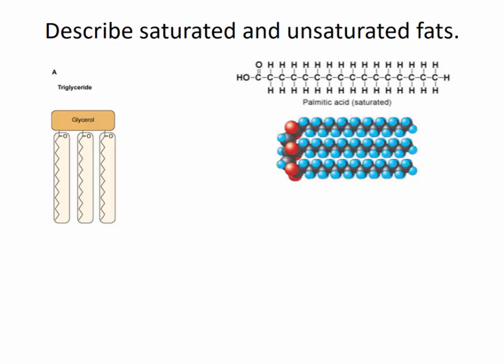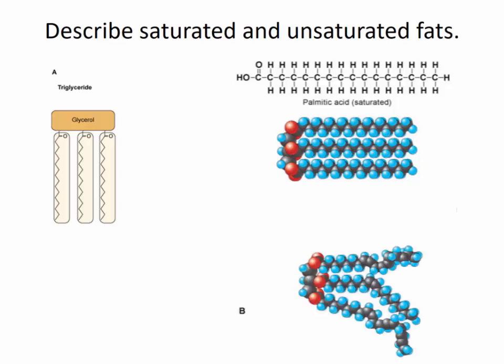This palmitic acid is just an example of one, but what you'll notice is that each of those carbons are bound to each other via a single bond. The maximum number of hydrogens are around all of those carbons. And so overall we call this a saturated fat because it is saturated with the maximum number of hydrogen atoms that can be bound to the carbon.